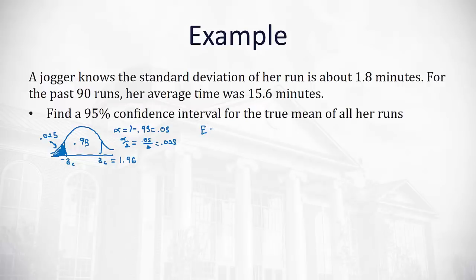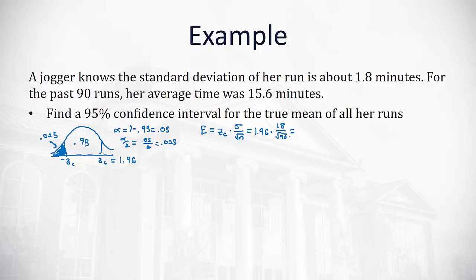Now we're ready to see what kind of error we're dealing with. How far off is our sample mean from the actual mean at the 95% confidence level? That's the z sub c times our sigma divided by the square root of n. Z sub c we found out was 1.96 times the standard deviation of her runs, 1.8, divided by the square root of the sample size. She did 90 runs.